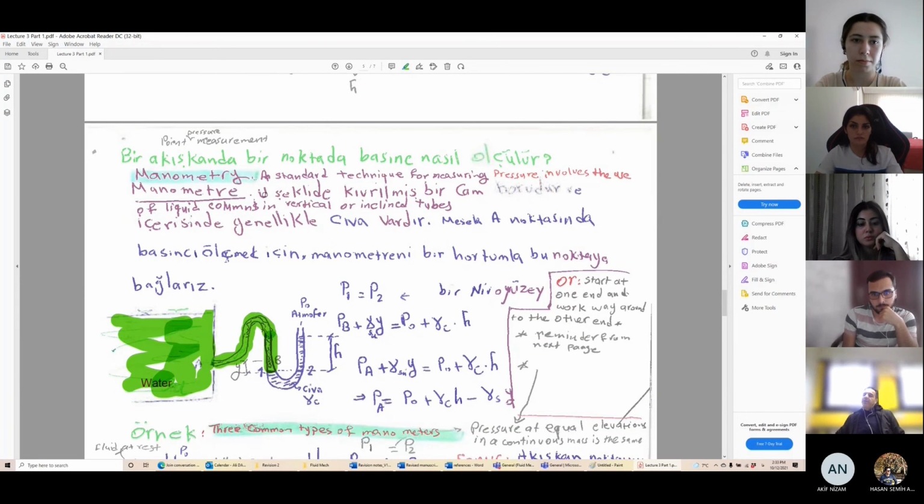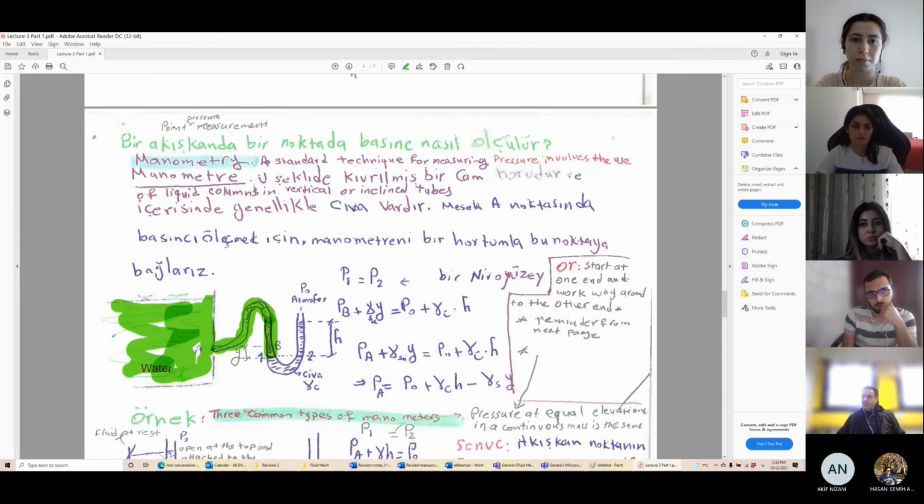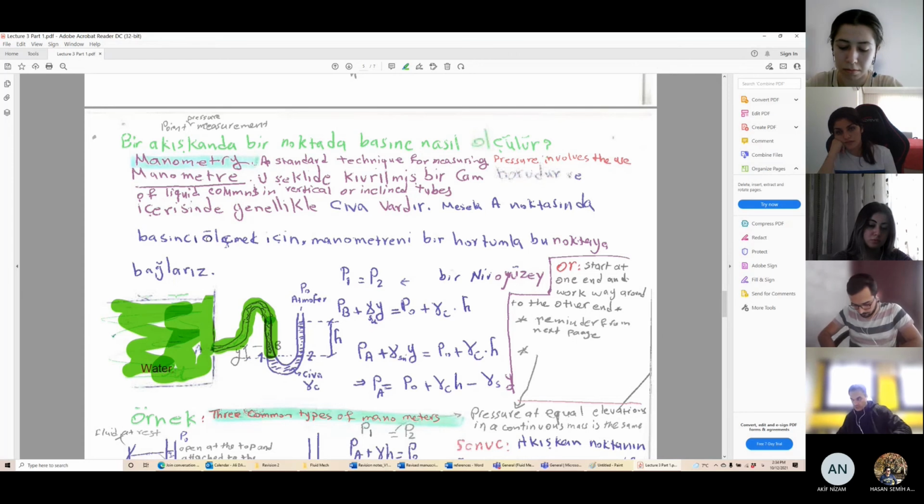Manometers are a standard technique for measuring pressure, which involves the use of a manometric liquid, like, for example, mercury, and a U-shaped glass tube. Then we connect this U-shaped glass tube to any point where we want the pressure.